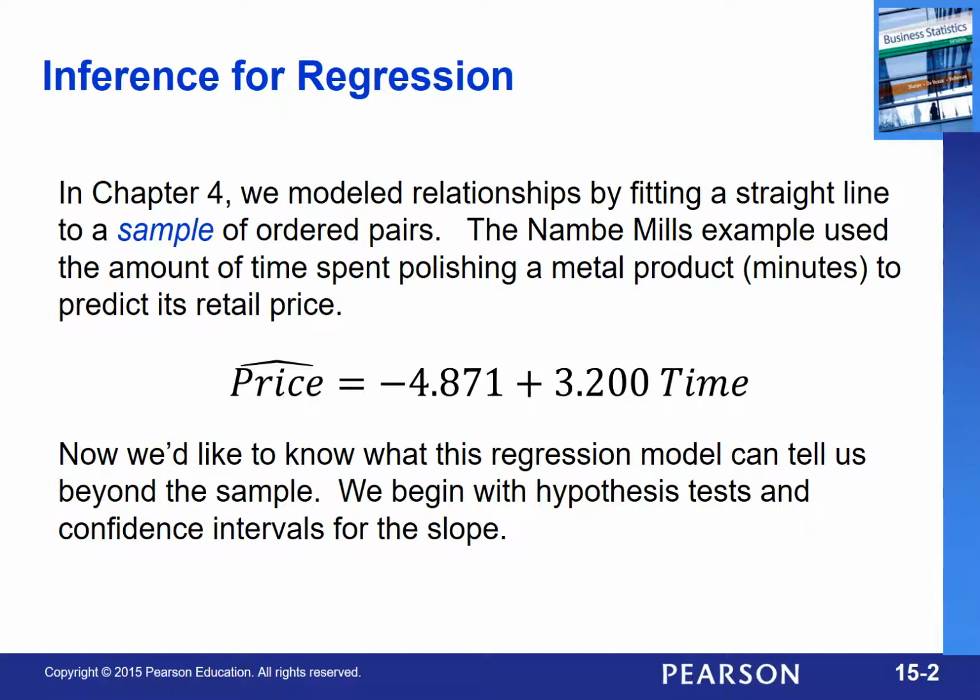So what we'd like to do is take this regression model that we have, based on the sample data we used to make it, and take it to the next level. If this is what the regression looks like for the sample, what can I say about what's going on for all possible samples, all possible metal products that Namblay-Mills is making?